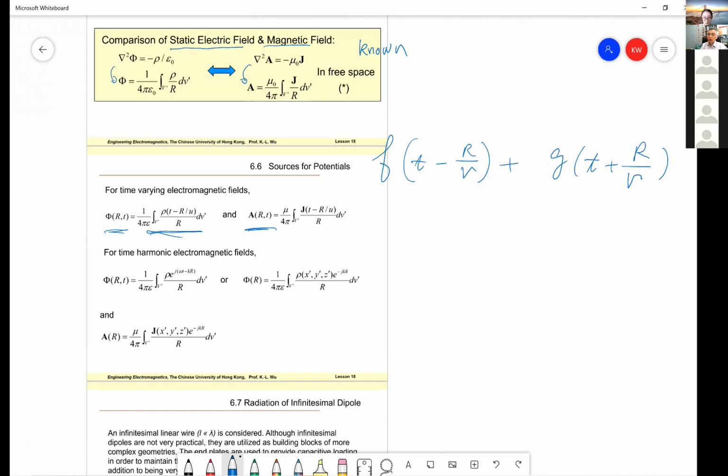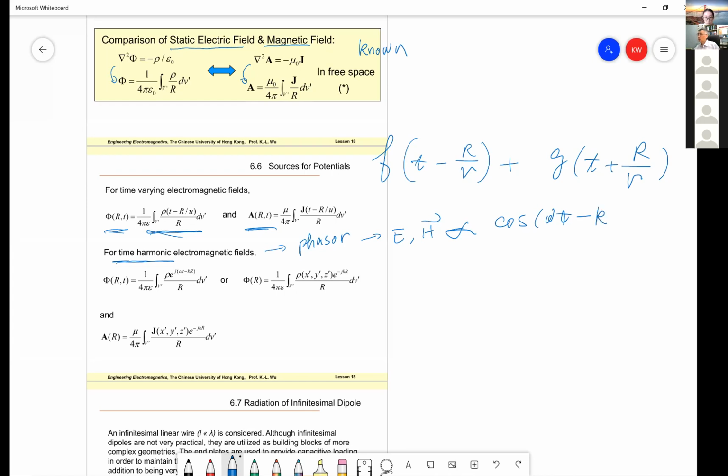But for a time harmonic electromagnetic field, we introduce the concept of phasor. What that means is the E and H change proportional to cosine of omega t plus or minus k r.